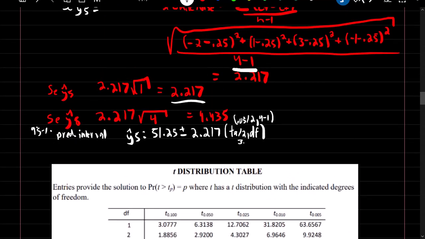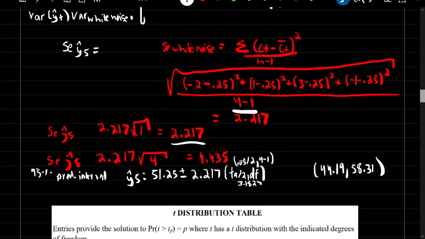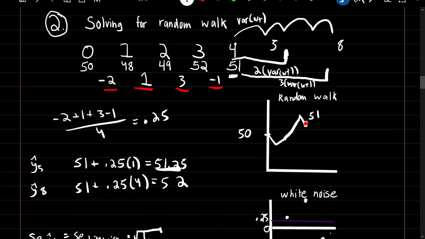So if we plug that in, we get a prediction interval of 44.19 to 58.31. If we want to plot this, at time 5, our predicted value is 51.25. So that's going to be right about here.